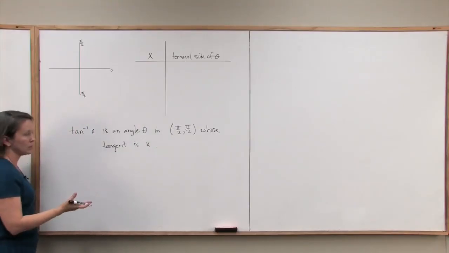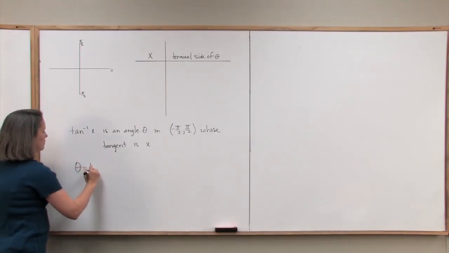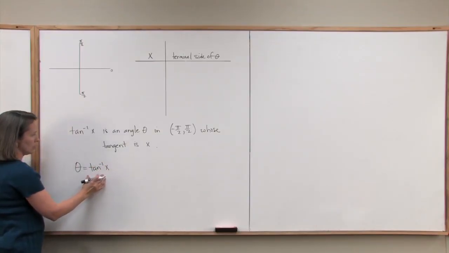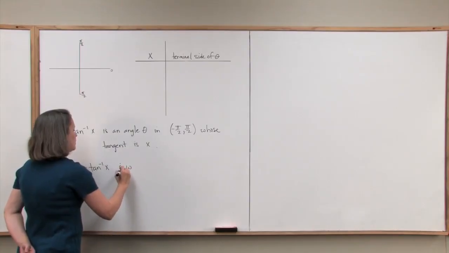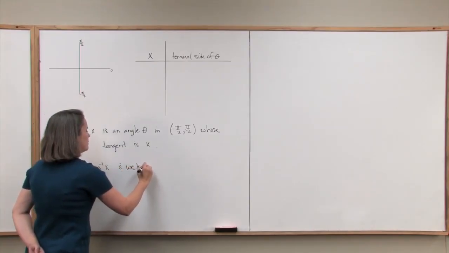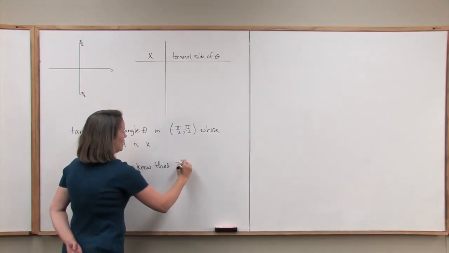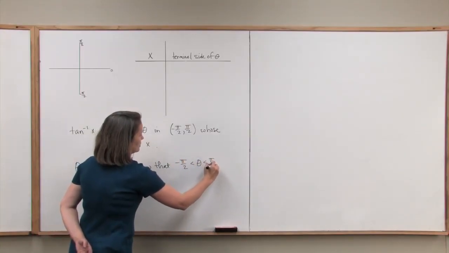And we can write this a different way. The angle theta is inverse tangent of x. So again, this is just an angle. And we know that negative pi over 2 is less than theta, which is also less than pi over 2.